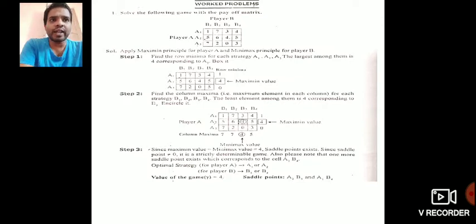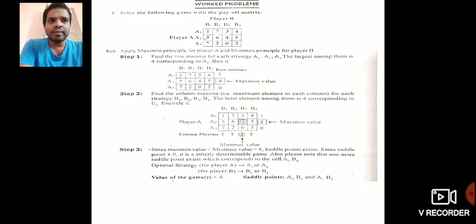We can encircle that element, and we call it the value of the game. See here, the intersection of the maximin value and the minimax value is at the A2 to B3 cell, whose element is 4, and that 4 we call the value of the game.